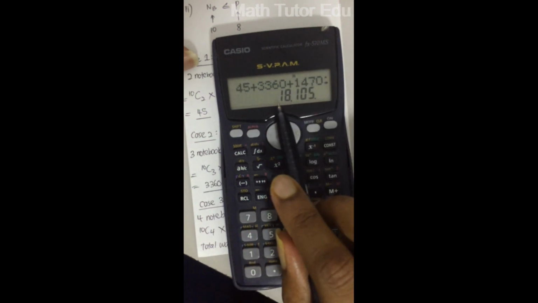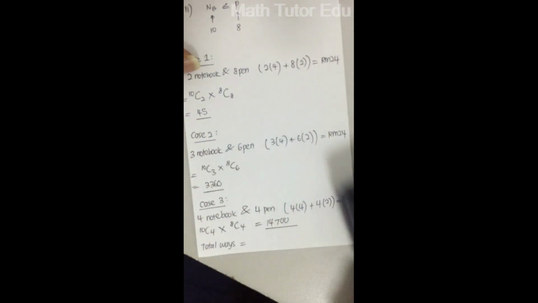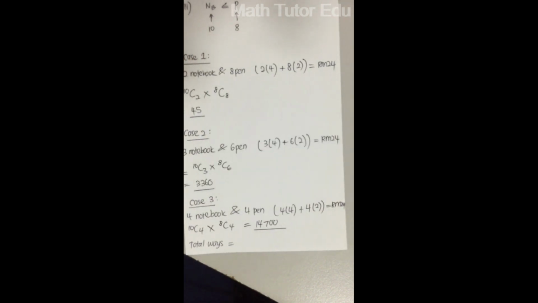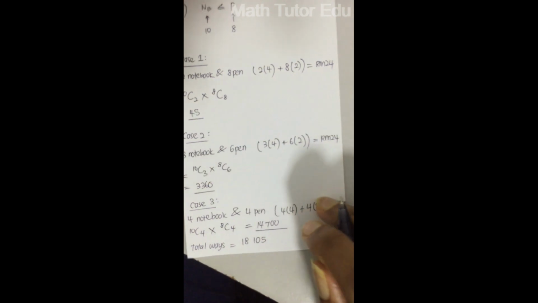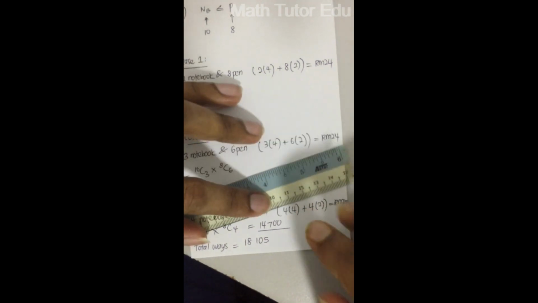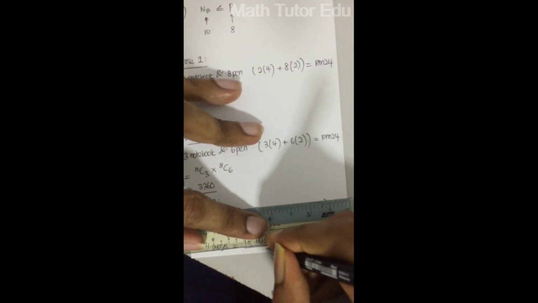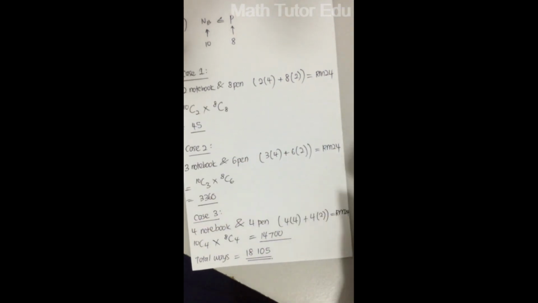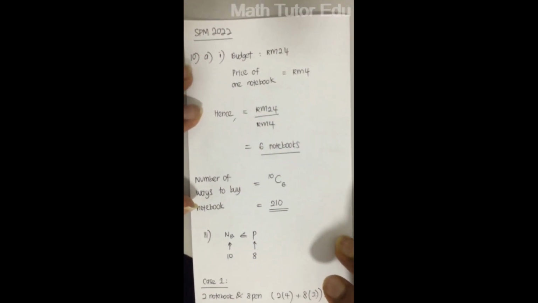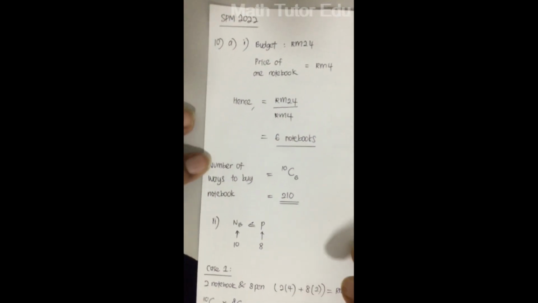You get your answer is 18,105. So this is your final answer, guys. So that is all for question 10 part A.